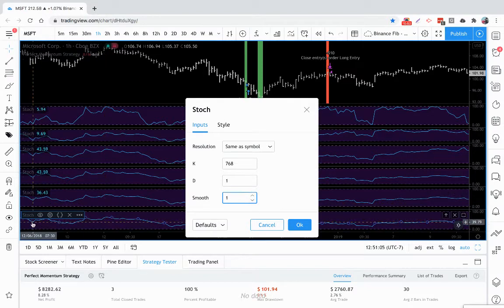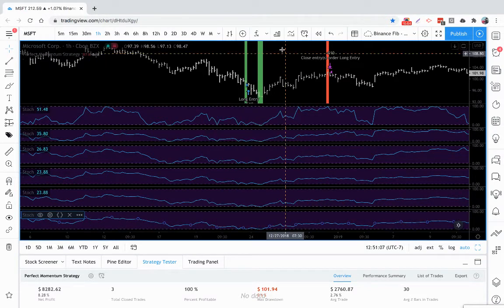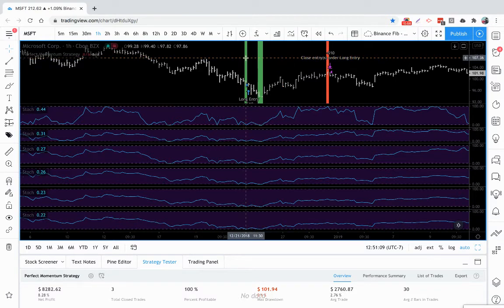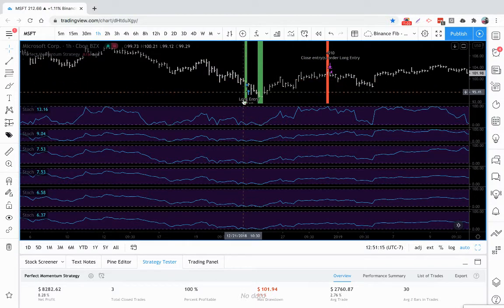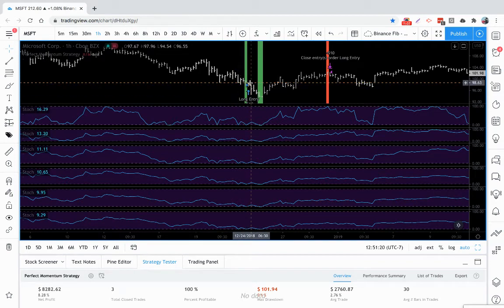Oh, I didn't set the smooth on this stochastic. My apologies. Okay, so here you actually do see it does all reach beneath 1 on all 6 of them together. And that triggered an entry for us.